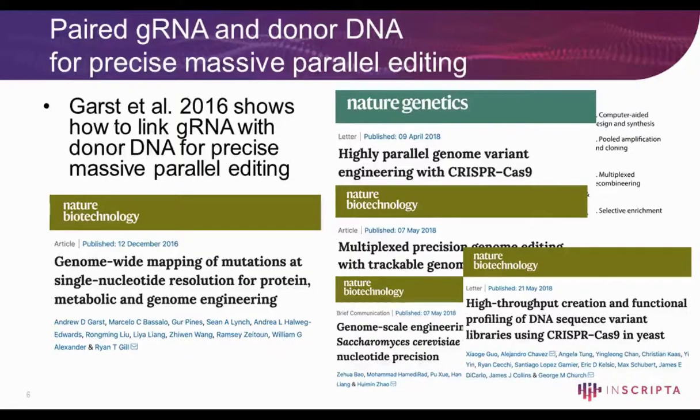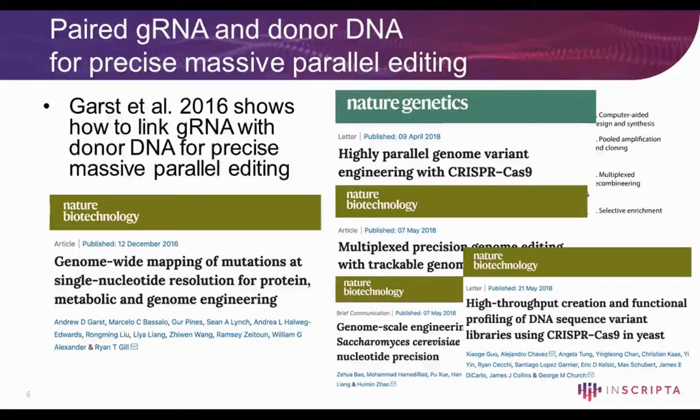The foundation and core technology was invented by one of our co-founders, Andrew Garst, who has for many years been interested in how to scale up and generate libraries for faster and cheaper genome engineering. This foundational work was published online in Nature Biotechnology in December 2016. It shows how guide RNA and donor arm is covalently linked in order to make sure that the correct guide and donor always are transformed into the same cell.